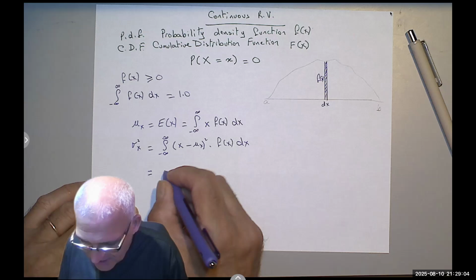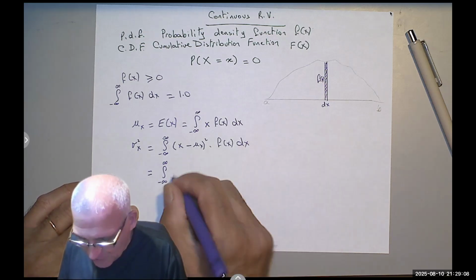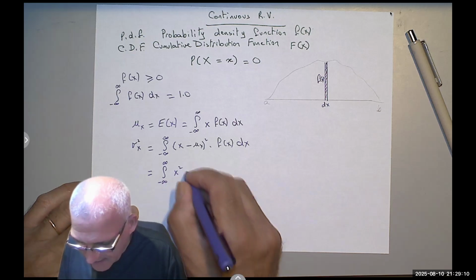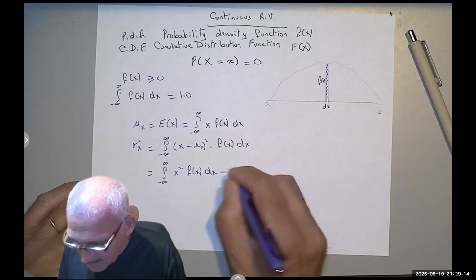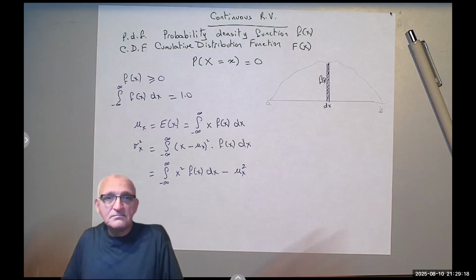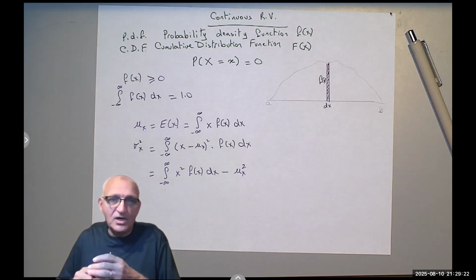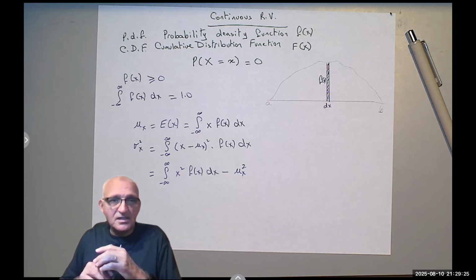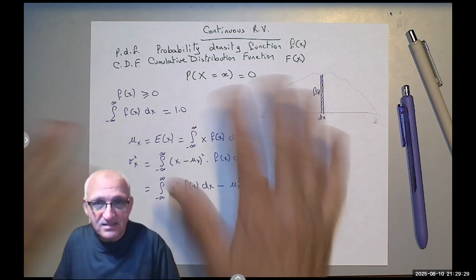In the discrete case, the equivalent to that would be the integral of x squared f of x dx minus mu x squared. That usually is easier to apply, but both are correct.